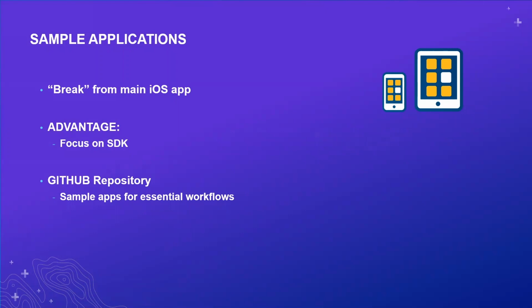The main advantage is that with a sample application, the focus will be on the Runtime SDK, so you can see whether the workflow of the SDK is working or not. You can always create your own sample applications, or you can use the small sample apps the Runtime SDK provides for essential workflows through the SDK's GitHub repository.